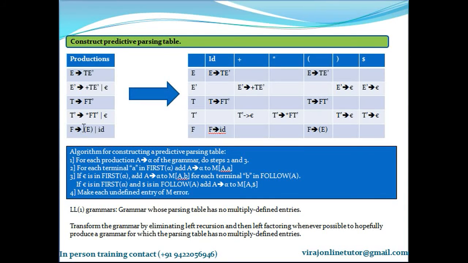Does first of right hand side contain epsilon? No, it's only open bracket. Does first of right hand side contain epsilon? No, it's only ID. That's it. So whichever entries are not defined, which are empty cells over here, are erroneous. While parsing, if you encounter the topmost stack element comma identifier, when you come and match over here, and if it is empty, it's an error.